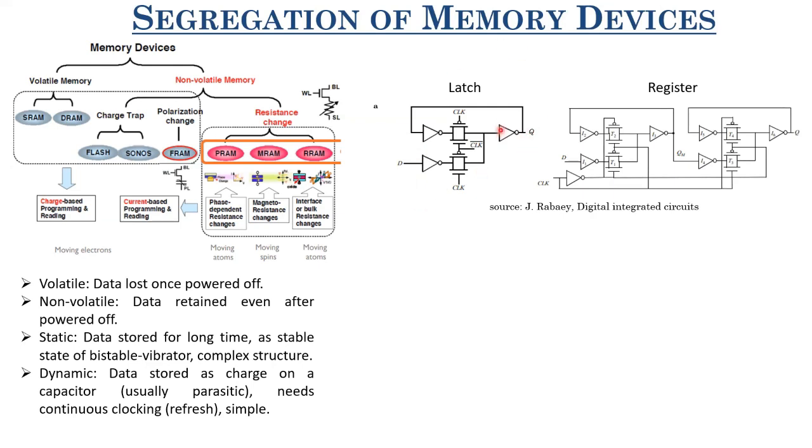That is a property of a latch. What is a register? A register is an edge triggered device. If it's a positive edge triggered register, the data at the D input immediately before the positive edge of the clock will be copied onto Q.